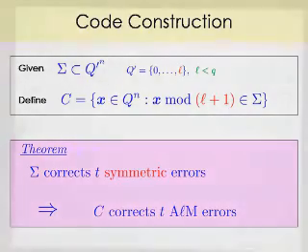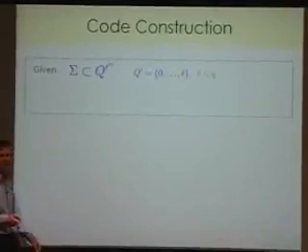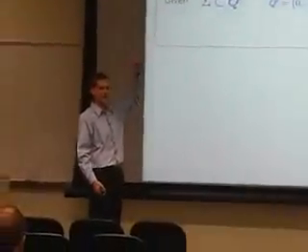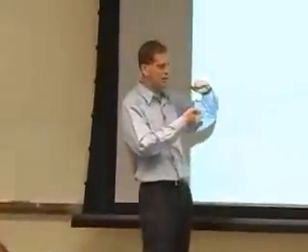And that's the general construction. Given some code sigma over a low alphabet, where the alphabet is of size L plus 1, think of L as much smaller than Q. Q is the big, the flash alphabet, but now we only care about codes for low alphabets. Now take C to be all the words over Q, the big alphabet, such that the symbol-wise modulo L plus 1 falls into the code sigma. That's the general code construction.